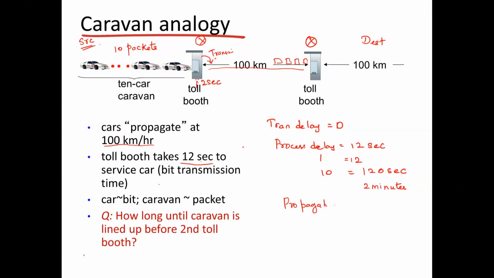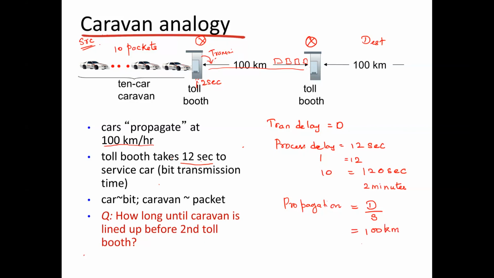What's the formula for propagation delay? It depends on 2 things: distance and speed. So the formula is D by S. Now, can you substitute the values and tell me what the time is going to be? What is the distance? The cars have to travel 100 kilometers.